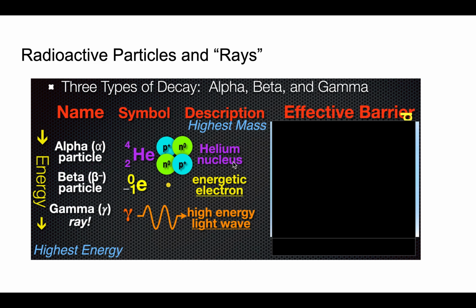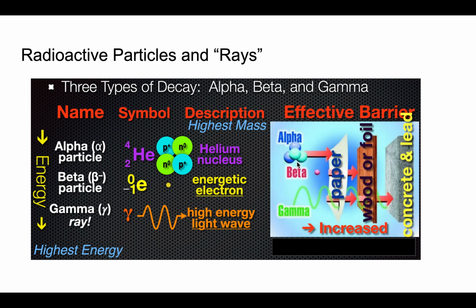And then each of these has a certain amount of energy, with the highest amount of energy here, which means it can travel very far, and the minimum energy here, which means that it actually gets stuck in barriers. So if you have an alpha particle, clothing would be enough to stop it.